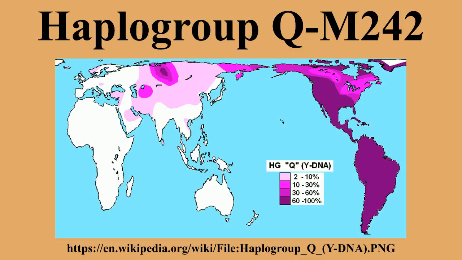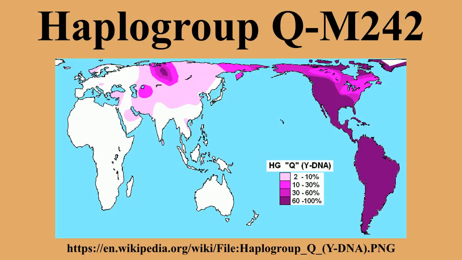In a study in which Q-M242 is just classified in P* group, P* accounts for 9.7% in 3 ethnic groups of Bangladesh. In many cases, all or most of P* means Q-M242, and thus most of P* samples in the study can be estimated to be Q-M242. 3.3% of Sri Lankans are also in Q-M242.